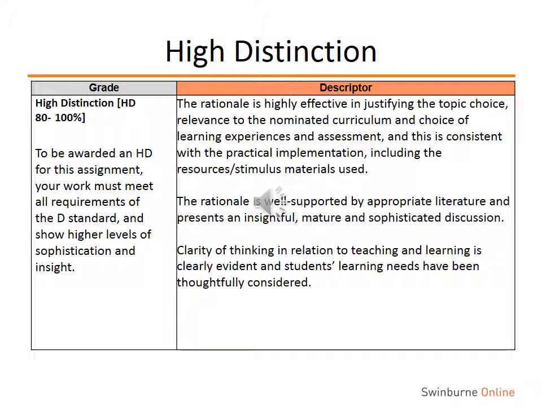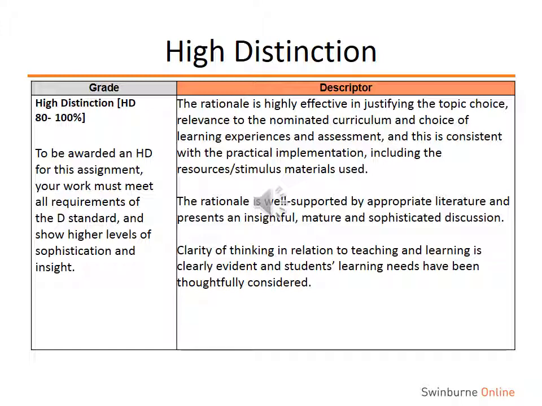High distinction. The learning experiences that you have chosen for the children are justified by the topic choice, which is connected to the curriculum. The stimulus material, justified. How are you going to implement this? Justified. Your rationale is supported by supporting literature.